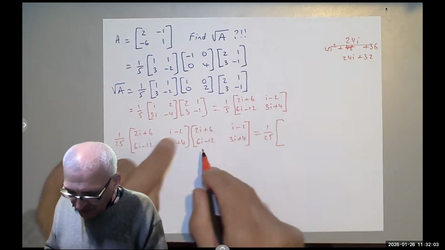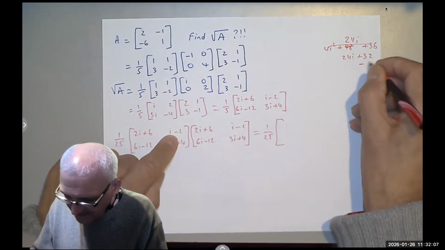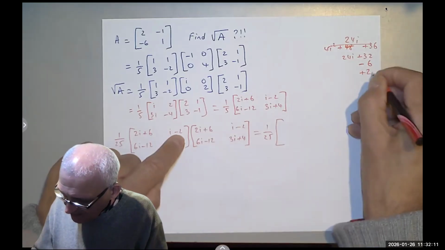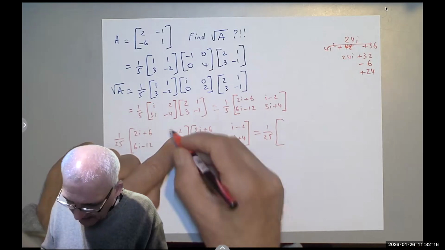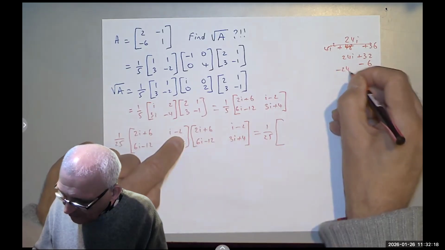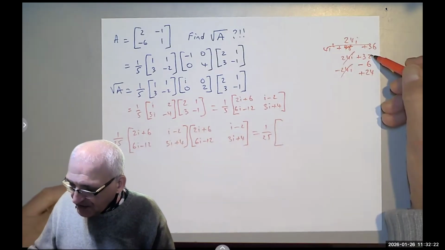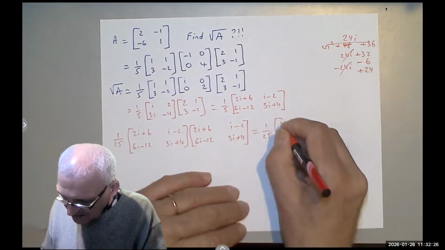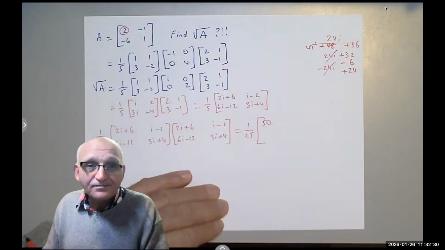And then we're going to add to it 6i squared, which we can simply say -6, plus 24, and then I have negative 12i minus 12i with negative 24i. They cancel each other, and you get 32 minus 6 is 26, and 26 plus 24 is 50. Notice that 50 divided by 25 will give you this too.